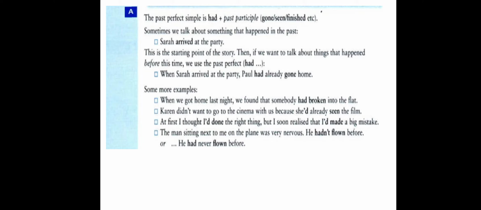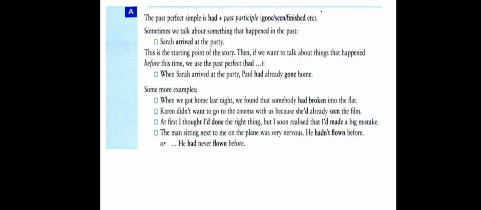So when we say, when Sarah arrived at the party, Paul had already gone home, it means we started our story with the second action, when Sarah arrived at the party. And remember to say what had happened before that. We say Paul had already gone home. We go back to the first action using the past perfect simple.